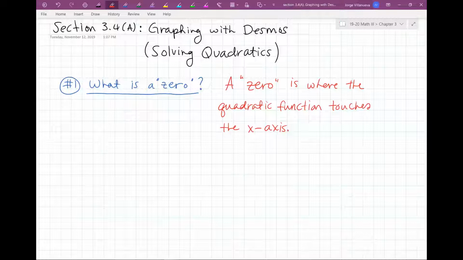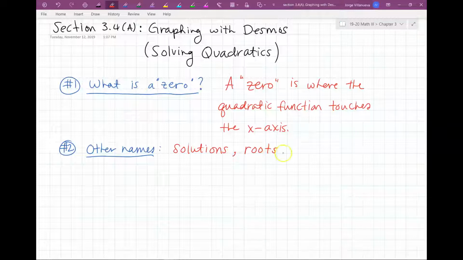Now, question number 2 says, what is another name for zeros of quadratic equations? So I'm just going to put right here, other names. They'll be called solutions. Sometimes they say, what are the solutions? That means what are the zeros? They might say, what are the zeros, or what are the roots?